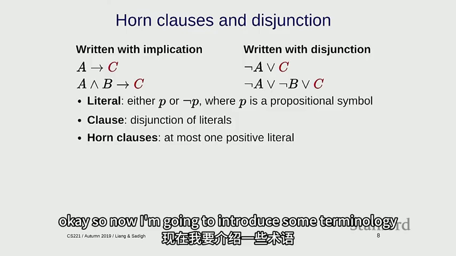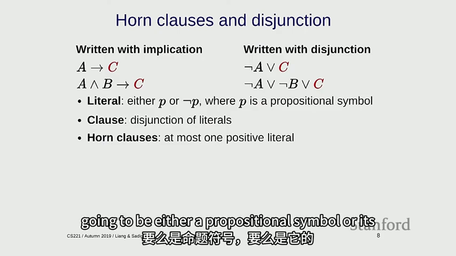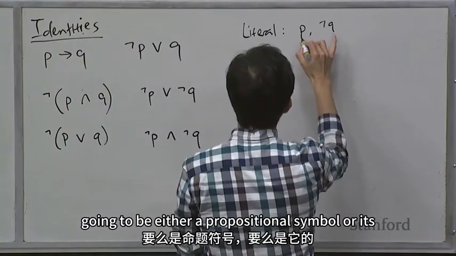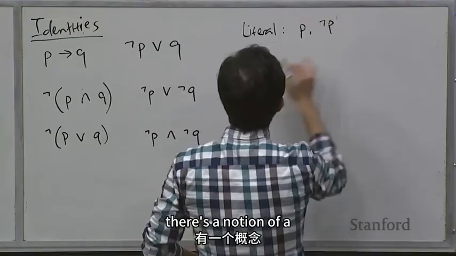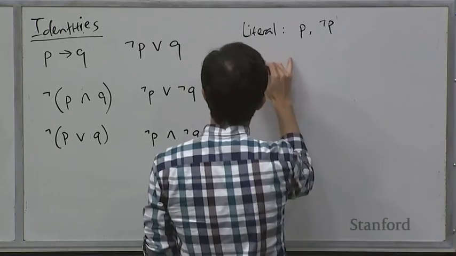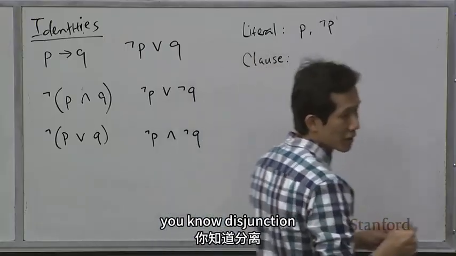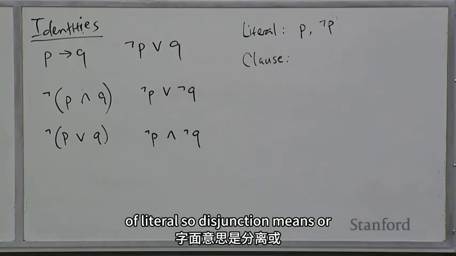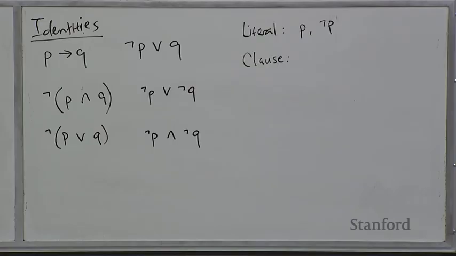Okay, so now I'm going to introduce some terminology. First is a literal. This is either a propositional symbol or its negation. There's a notion of a clause, which is just a disjunction of literals. Disjunction means or. So these things are all clauses.